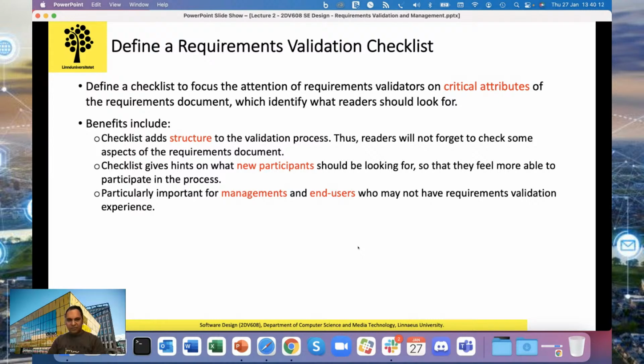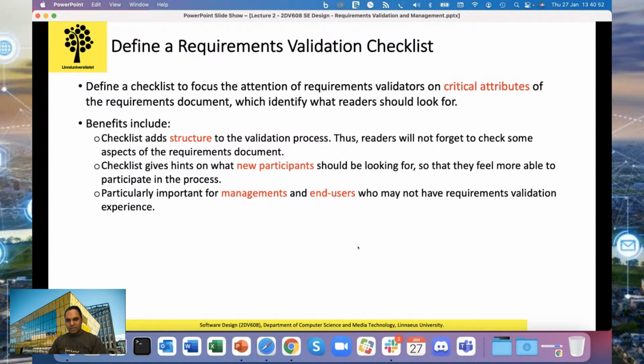Defining this kind of requirements validation checklist also has some benefits. For example, it defines a structure or a systematic process for the validation. And if there are any new developers or new engineers or even new members as stakeholders, they can use this validation checklist, and they can also feel themselves as part of the system, even being a new member without any prior knowledge.